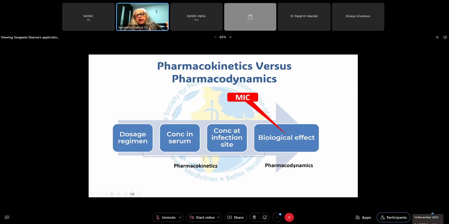And the biological effect here: ideally speaking, pharmacodynamics is the effect of the drug on the body. But here we are not talking about the effect of the drug on the body. We are talking about the dynamic effect on the germs, which is why we call it a biological effect.